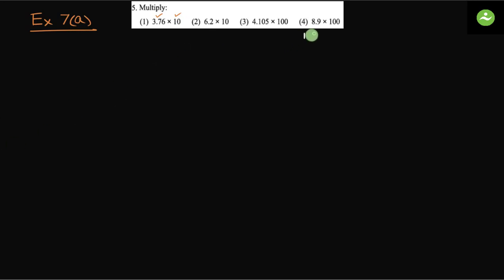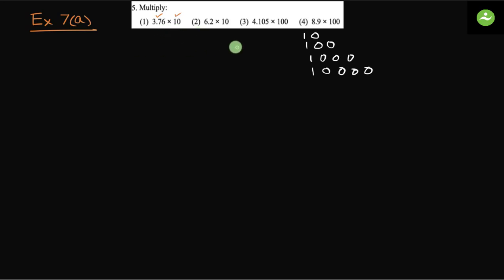These are 10 or 100. So when you multiply a decimal fraction by 10, 100 or 1000 or 10,000 or this sort of number, the multiplication is easy. You can just straightaway, without doing much calculation, solve the problem.